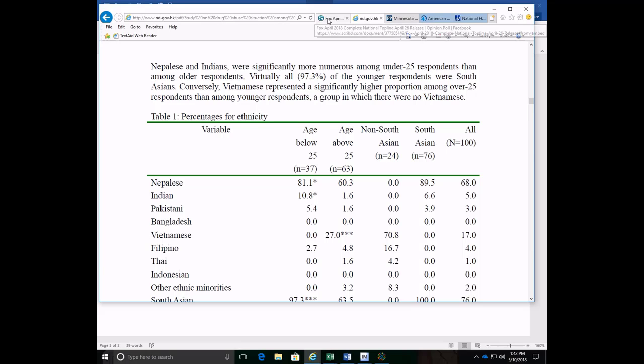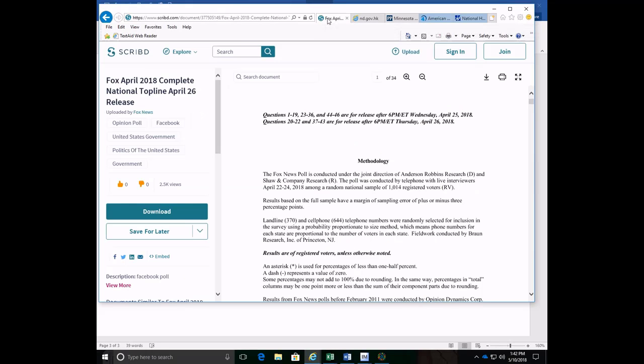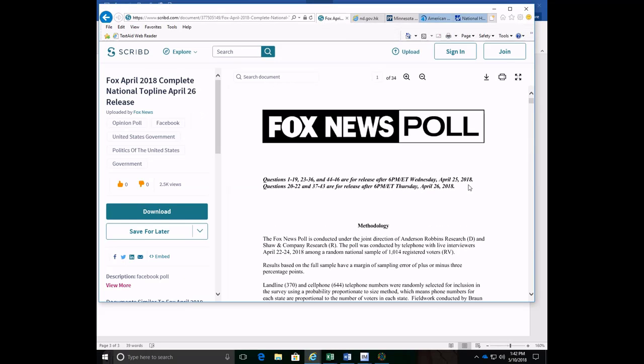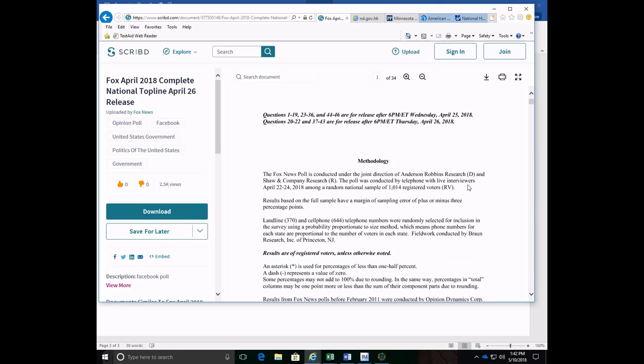If you look at weekly polls like presidential approval ratings, and I have one here from Fox News poll, when we look at the sample, a lot of times it steers us to what the population would be. So in this particular poll, they explicitly say it was a random national sample of 1,014 registered voters.